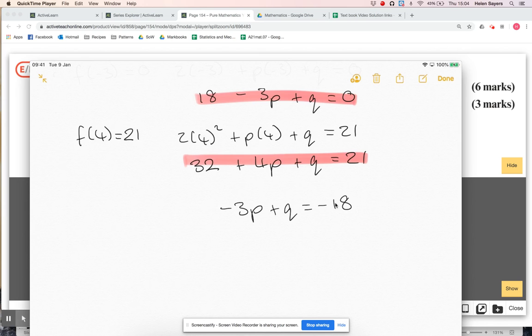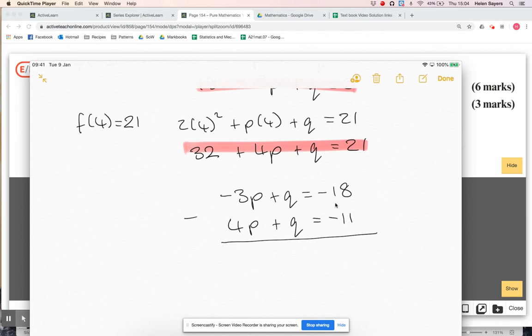There's lots of variations on how you might rearrange these. The second one, I am going to minus the 32 from the right-hand side, and then I am going to subtract them. I'm going to do the bottom subtract the top just to avoid the negatives. It doesn't really matter which way you go.